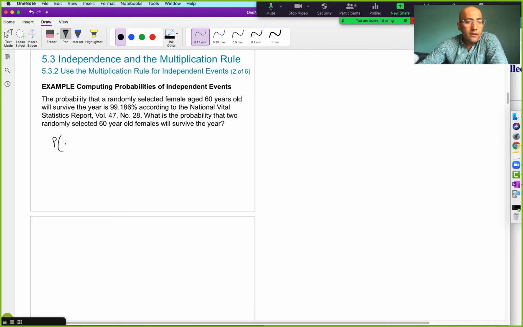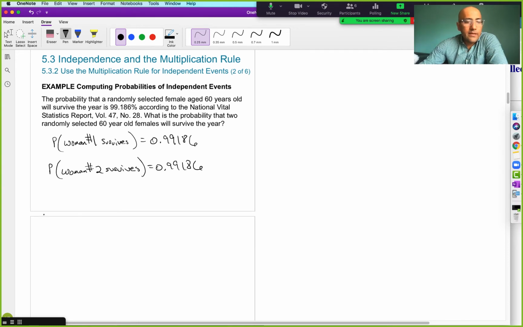probability that woman number one survives is equal to 0.99186. Probability that woman number two survives the year is also equal to 0.99186.